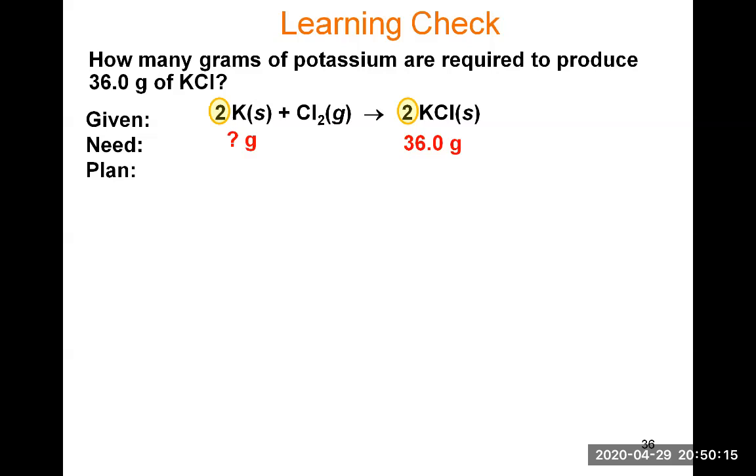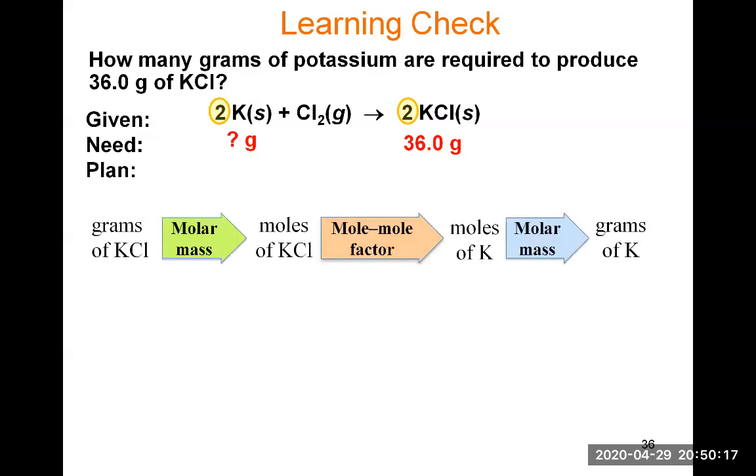So that means we will need to convert the grams of KCl into moles of KCl, and then we can change the moles of KCl into moles of potassium. And once we have changed that, we can go back to grams using the molar mass of potassium only.